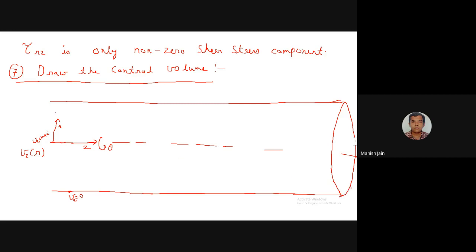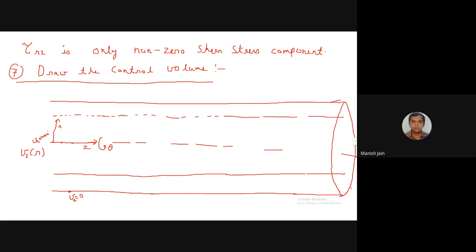So what we will do, we take an imaginary surface at distance r. This is one end of the control volume. The control volume geometry should be the same as the geometry of the system, since the control volume is inside the system.